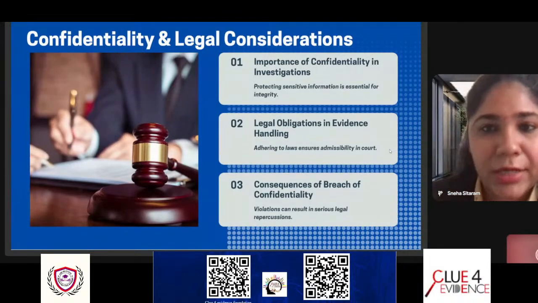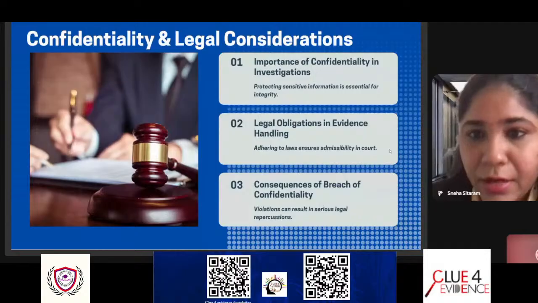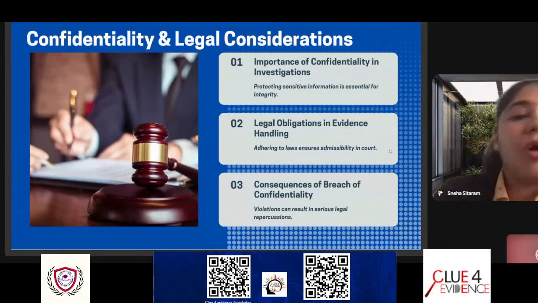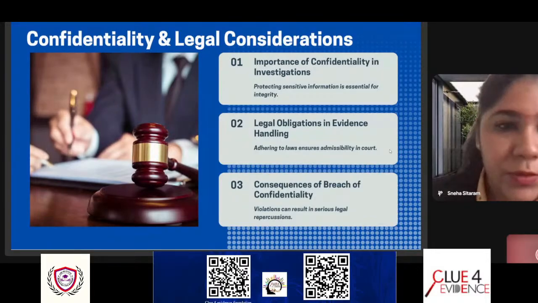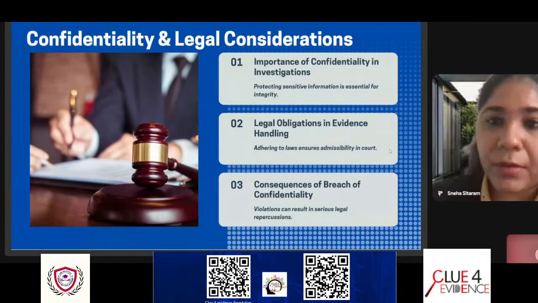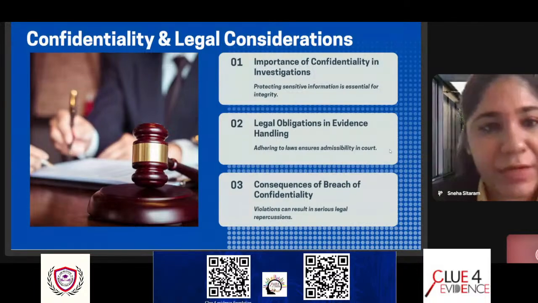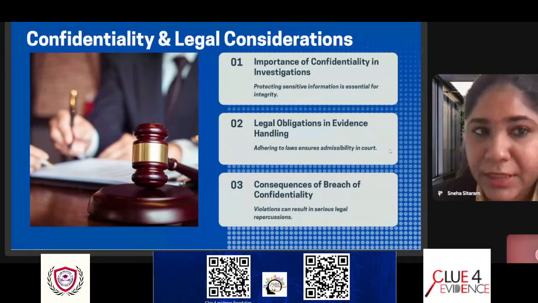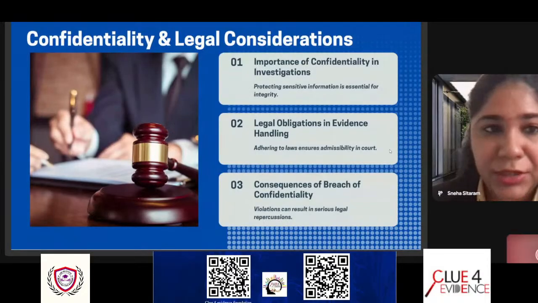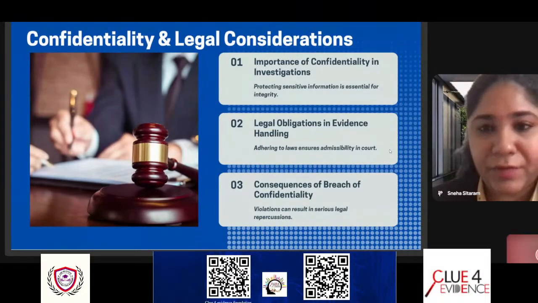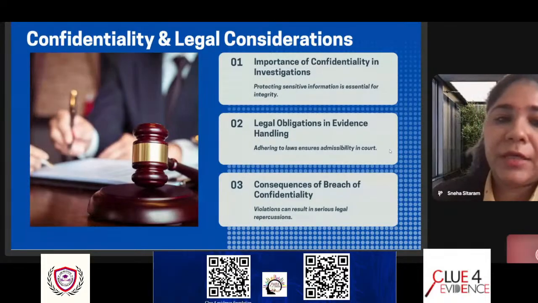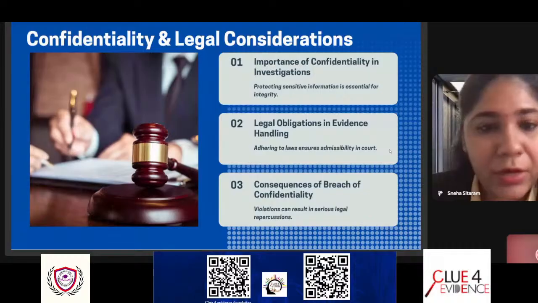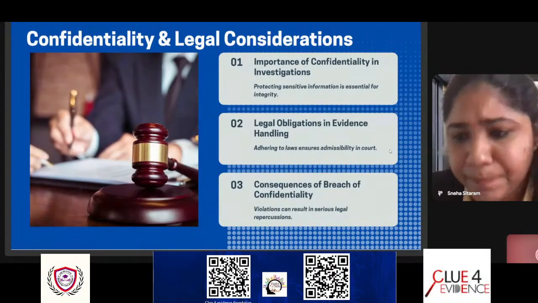Otherwise there is a chance of this particular evidence being rejected. Not all evidence is admissible in the courtroom, and that is one of the major points the investigator must keep in mind while carrying out the investigation. That's why documentation is very important for any investigator. Apart from that, consequences of breach of these can be a severe violation as well.